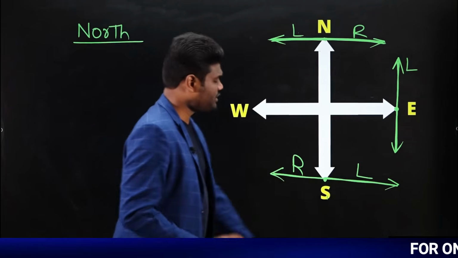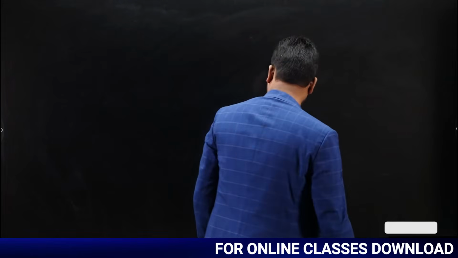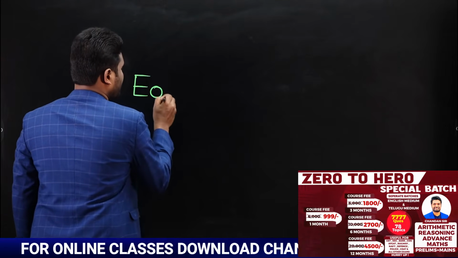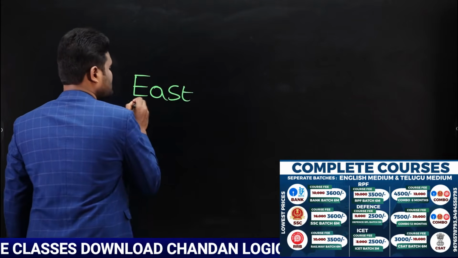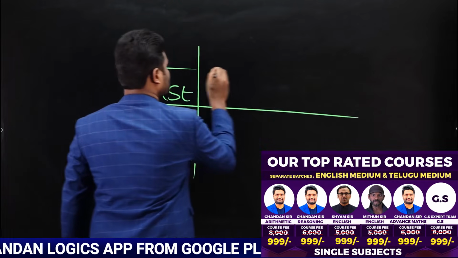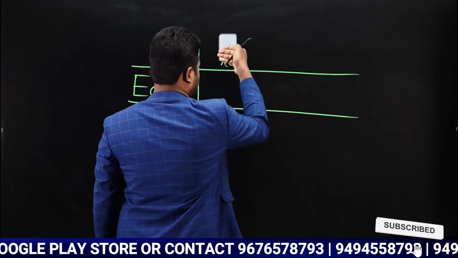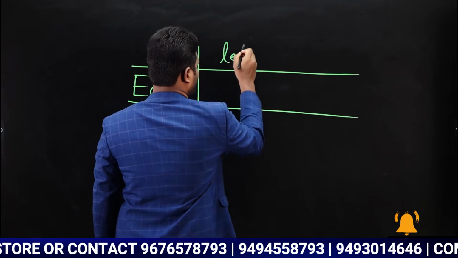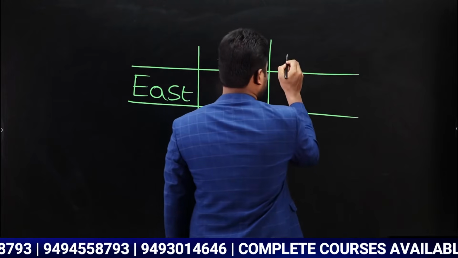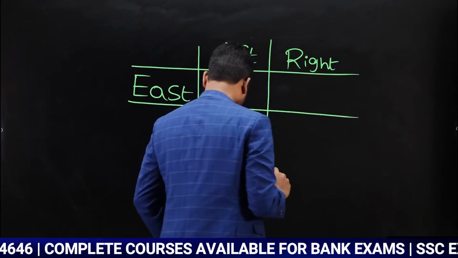Is that clear? Now what we can conclude from this is, when the person is traveling towards east direction, left of the person is nothing but towards north. Right of the person is towards south.